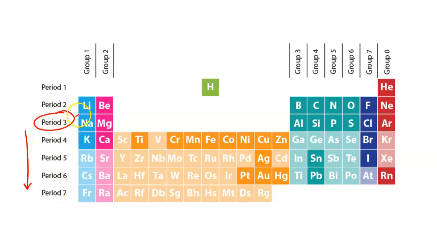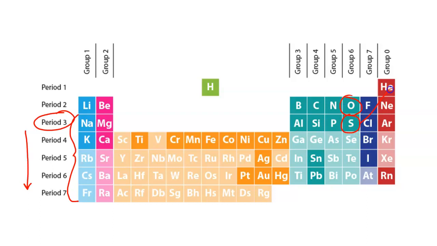All of these can have an expanded octet if they are the central atom. What happens is you have d orbitals available to hold additional valence electrons. So if you think about it this way, we have sulfur, which is right here, and oxygen, which is right here.